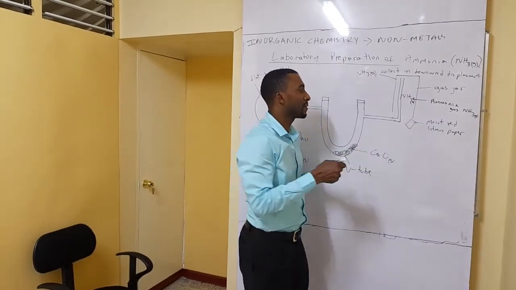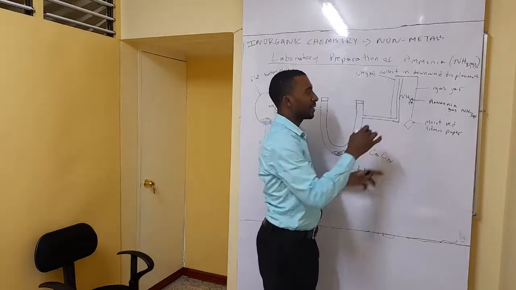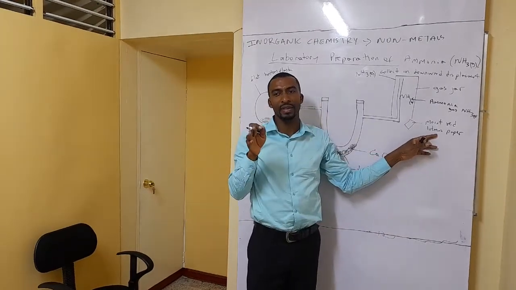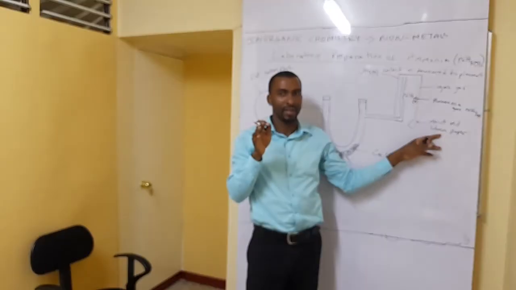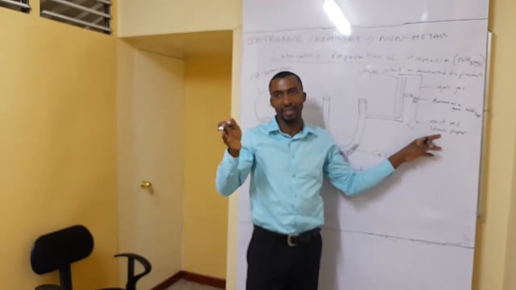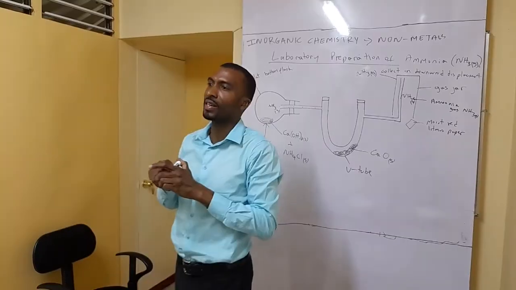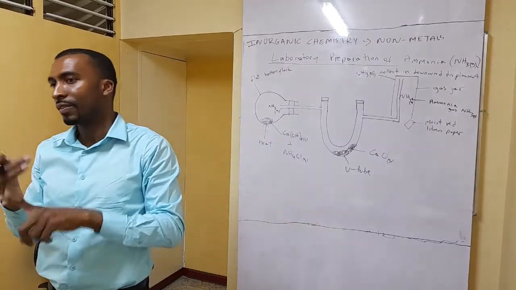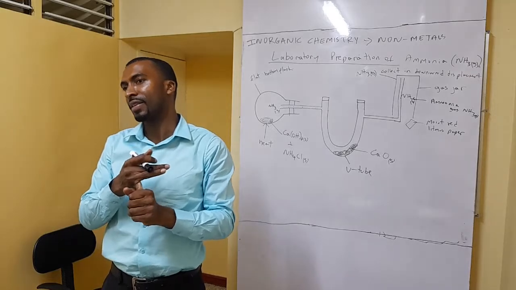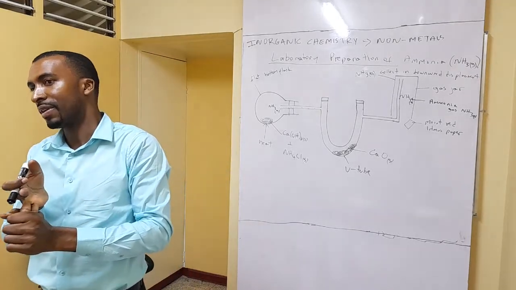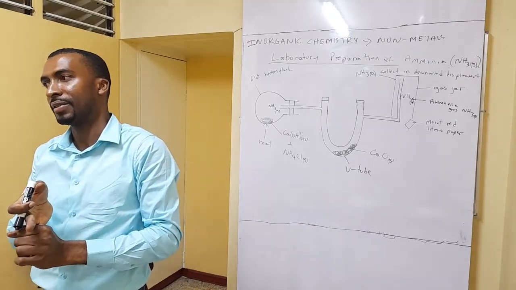They use a moist red litmus paper because ammonia is a basic gas, and most of the other gases are acidic gases, right? So remember that most non-metal oxides are acidic. Sulfur dioxide will form sulfuric acid. Nitrogen dioxide will form nitric acid when dissolved in water.